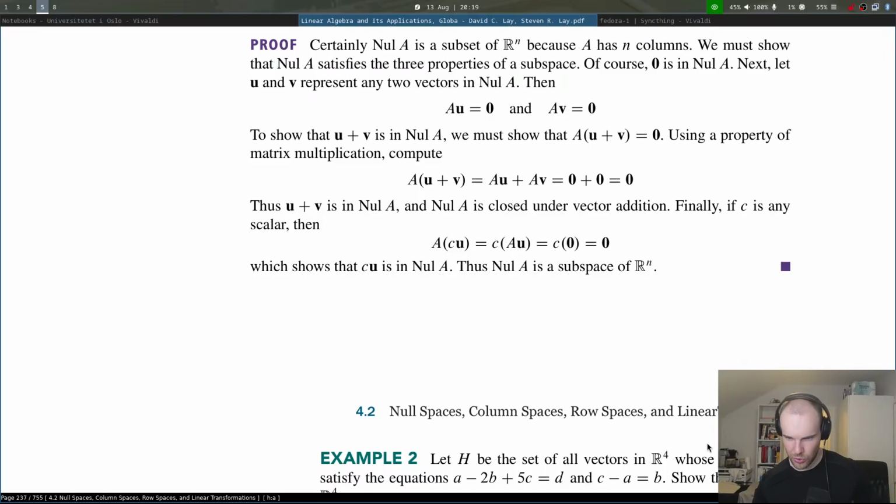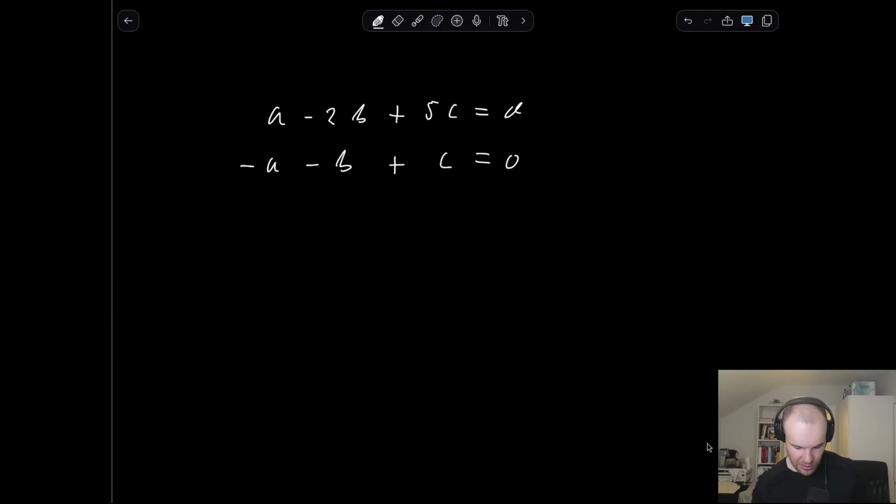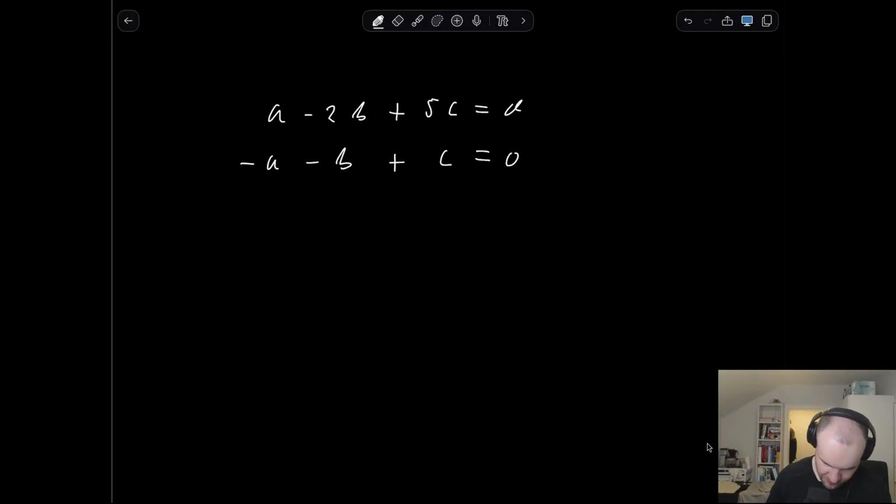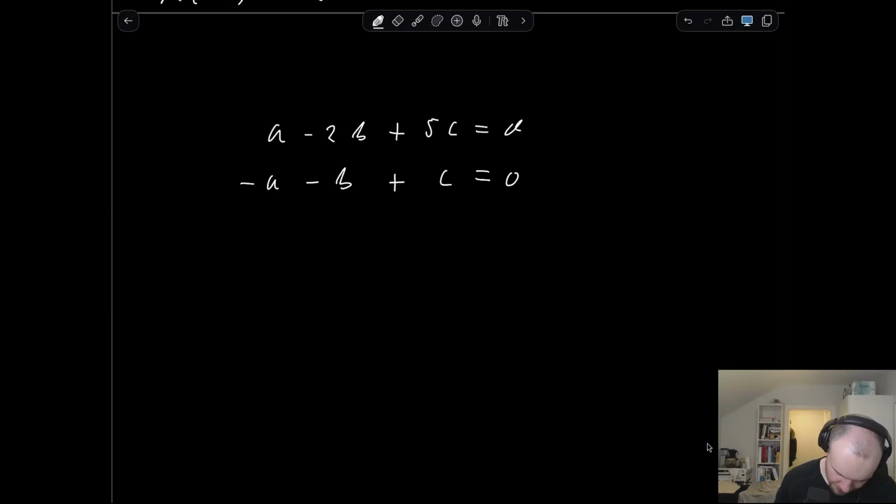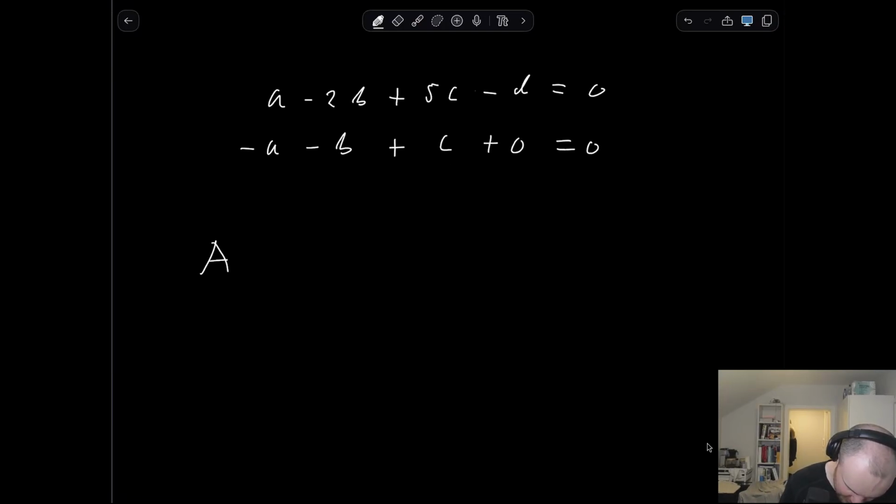I want to show that this H here is a subspace, so H is all the vectors that satisfy these 2 equations. If I move d over there, minus d, and write plus 0 here, equal to 0, this can be represented as a matrix.